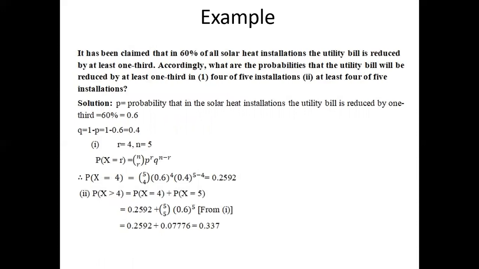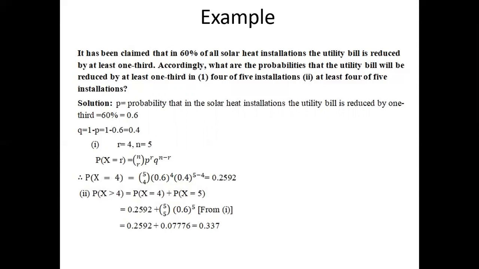It has been claimed that in 60% of all solar heat installations, the utility bill is reduced by at least one third. Accordingly, what is the probability that the utility bill will be reduced by at least one third in 4 of 5 installations? And second, at least 4 of 5 installations.